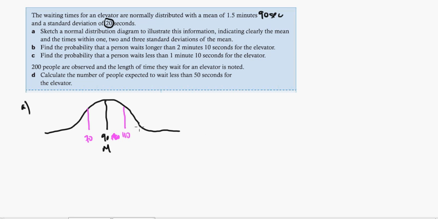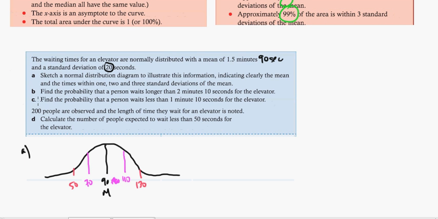For the second standard deviation, we add 20 more, so that'd be 130, and subtract 20 more, which would be 50. And then for the last standard deviation, we get 30 and 150. So that's 3 standard deviations. Ugly, ugly, ugly, but you get the point here.